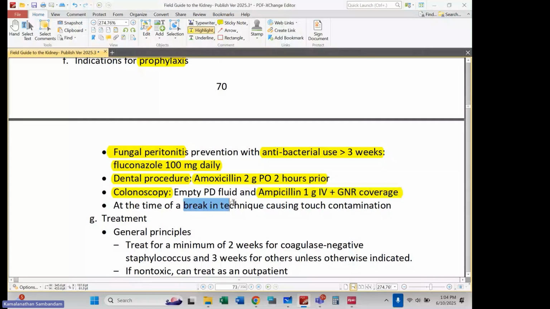And then anytime your patient has an identified break in technique, it would make sense to also prophylax the patient.